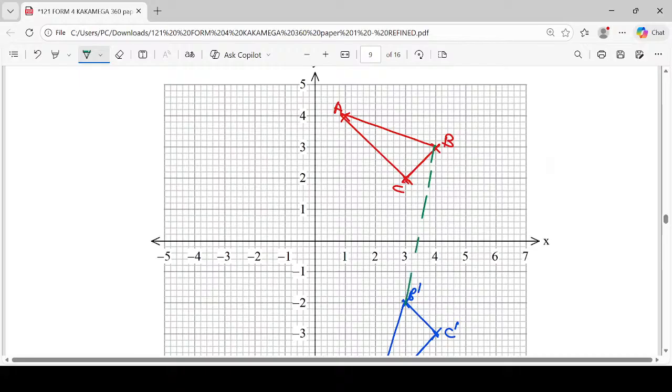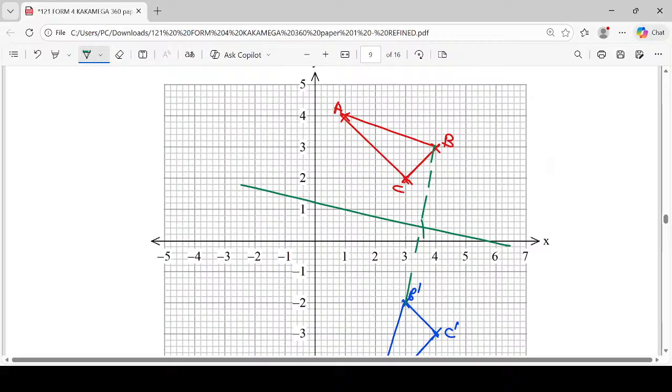After joining B to B prime, you need to bisect this line. When you bisect the line, you might find the perpendicular bisector passing through such a point.